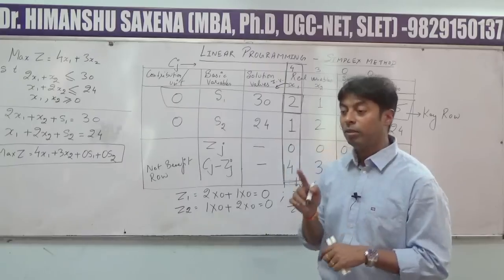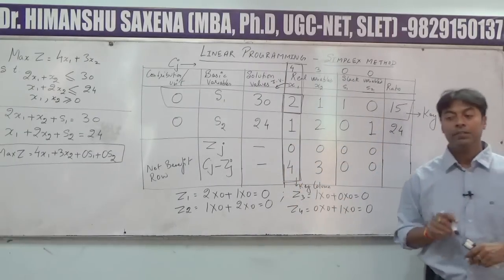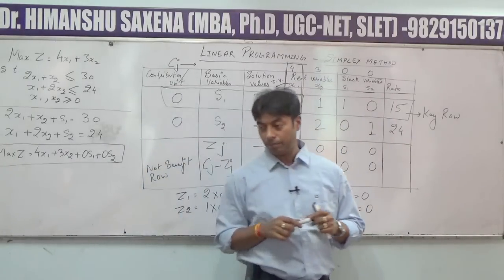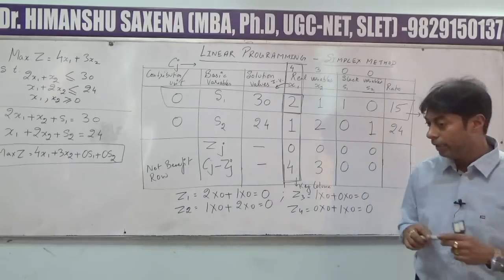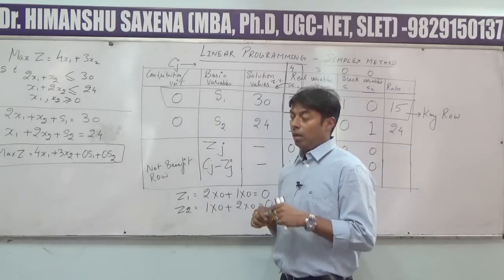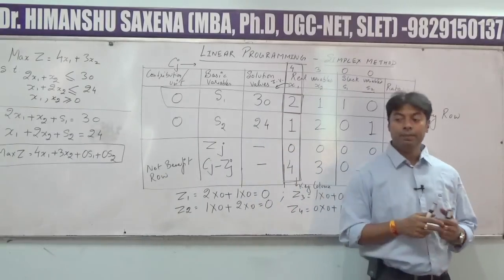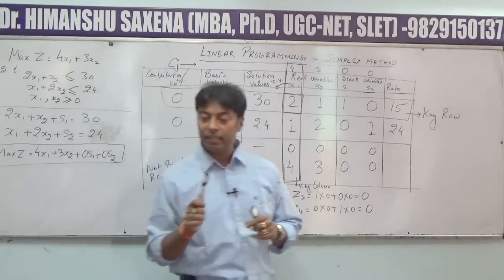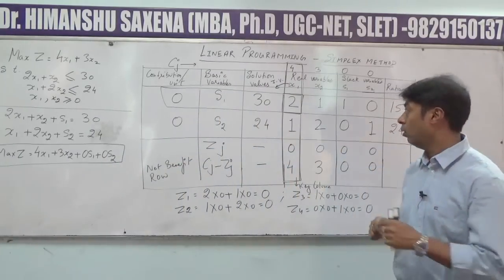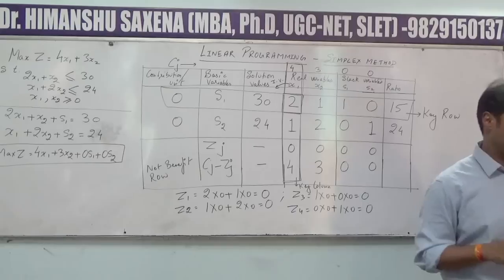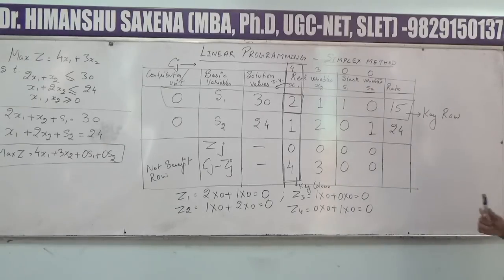So kindly take down the fifth concept. The fifth concept is for outgoing variable. The outgoing variable will be the variable which is existing in the key row.